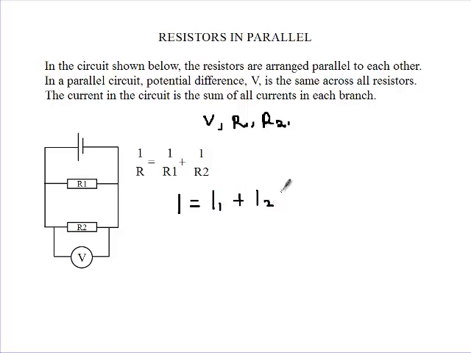Now let's change the formula of I into this form. When you take the formula triangle, you get R on this section, V at the top, and I on the other end.